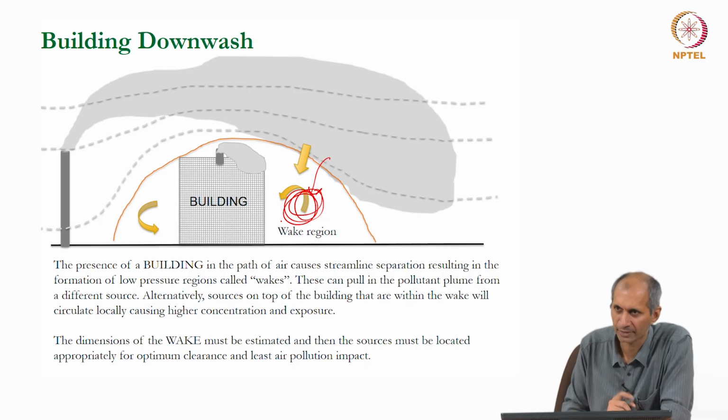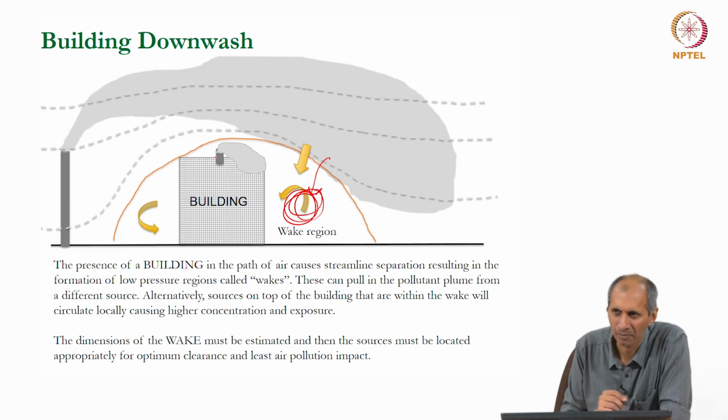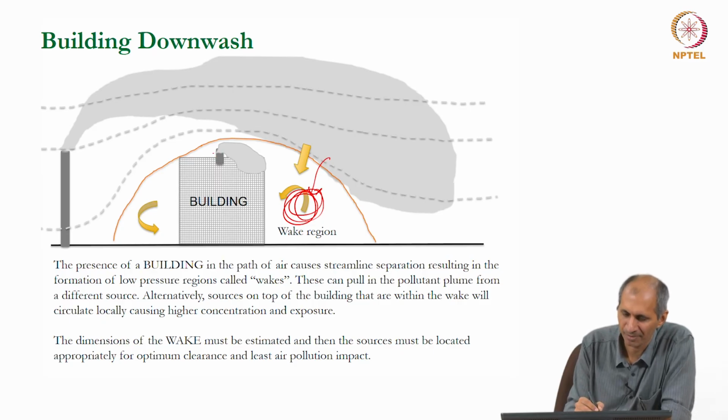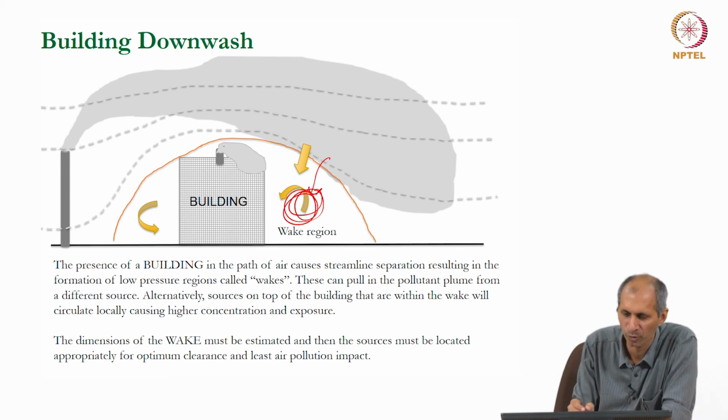That is one. Second problem, suppose you have a stack on top of this building. This region marked by the red curve is inside the wake, which means it is not mixing very well with the outer flow. There is no air movement here.